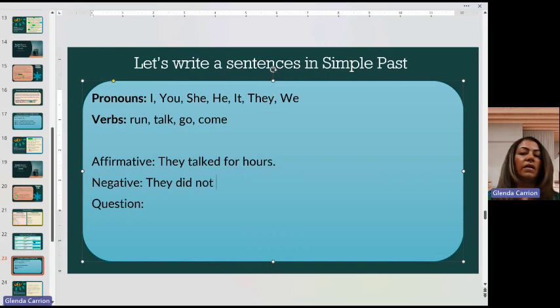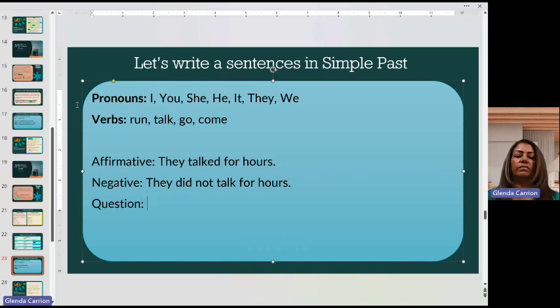But now I am not using the past tense of talk, I'm using the present tense. And now I have a negative form. They did not talk for hours. And that might look a little bit off to you because you speak Spanish, and usually every sentence of ours will have the past tense. It doesn't matter if it's a negative or a positive statement. But remember that English grammar is different, okay?